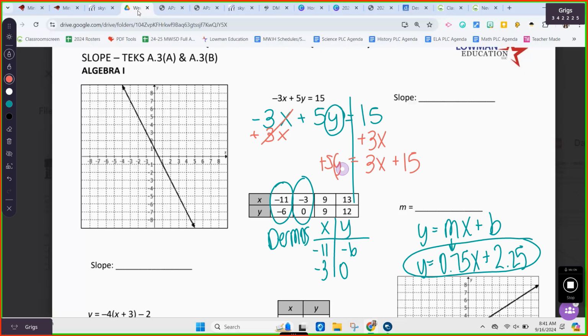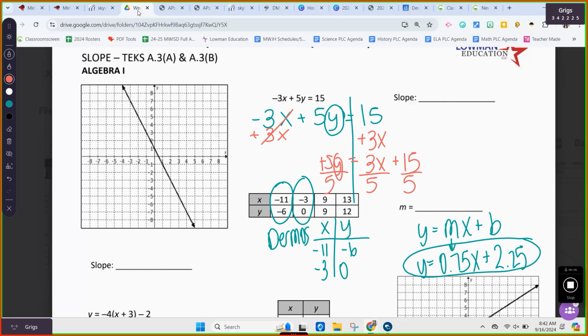If I'm working to isolate y, what am I going to do? Divide by 5. Pause! Divide by every single term. When we're dealing with numbers, you want to do it by each term. So I'm going to say 3x divided by 5 and 15 divided by 5. When I do it by each term, I see what can be simplified, right?